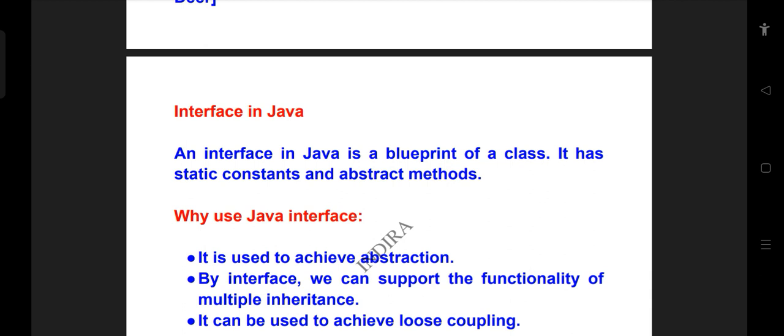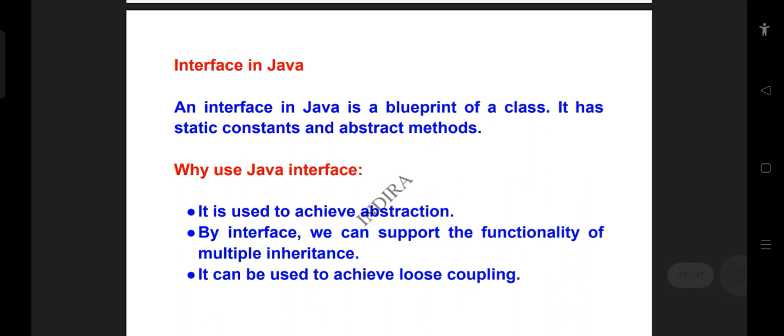But in some programs, to achieve multiple inheritance, which is not supported by Java, we use the interface. So an interface in Java is a blueprint of a class. Interface is nothing but a class which consists of static constants and abstract methods.